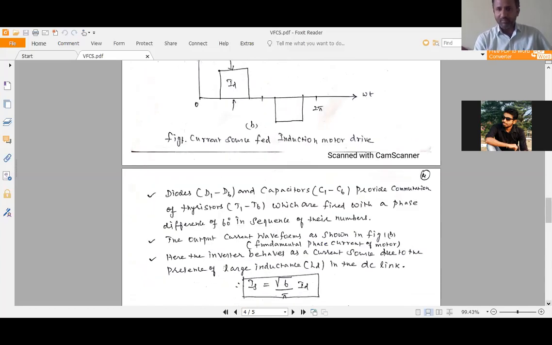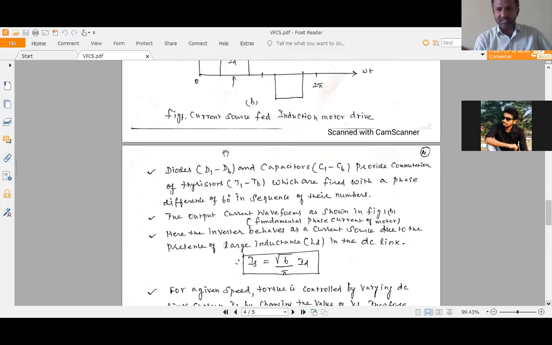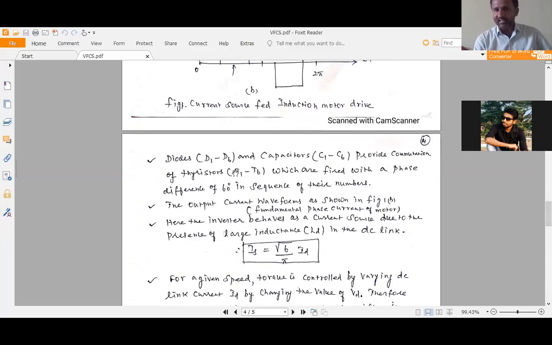Keep in mind, six diodes, six capacitors and six thyristors are used to construct the circuit diagram of this current source inverter.